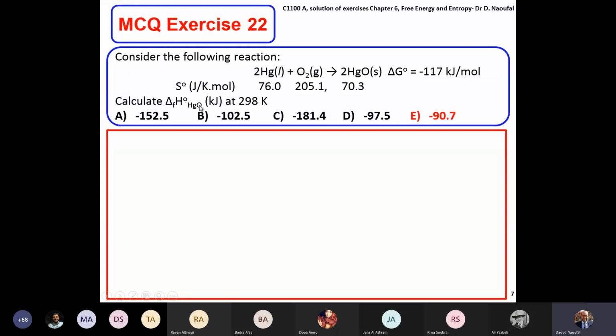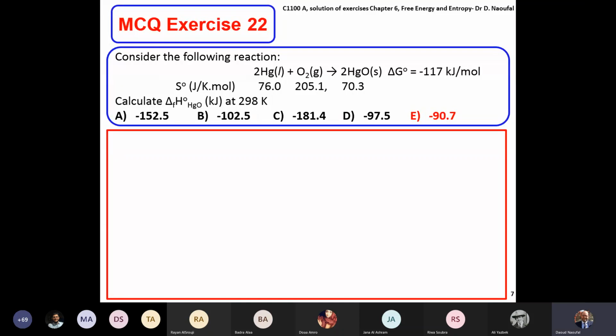Think about the strategy to solve this exercise. We have delta G0 given. We have S0 of the products and S0 of the reactants. So we can calculate delta S0 of the reaction, which is equal to S0 product minus S0 reactants. So now we have delta G0 and we have delta S0.